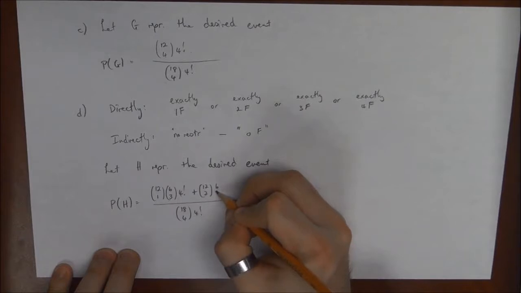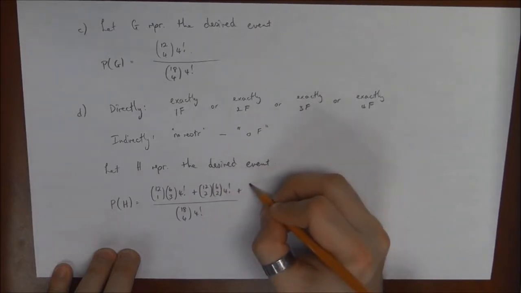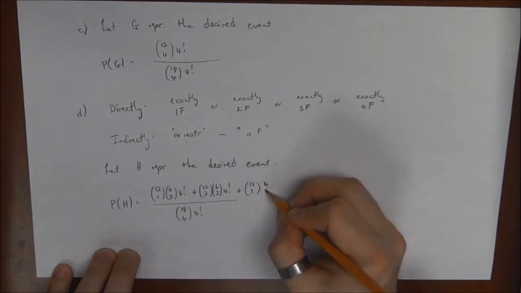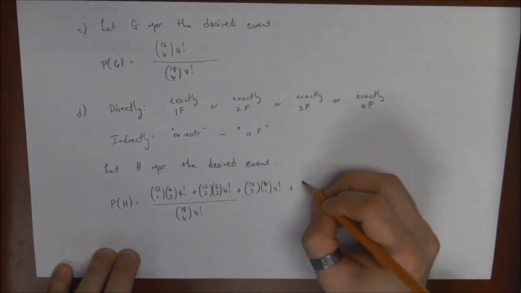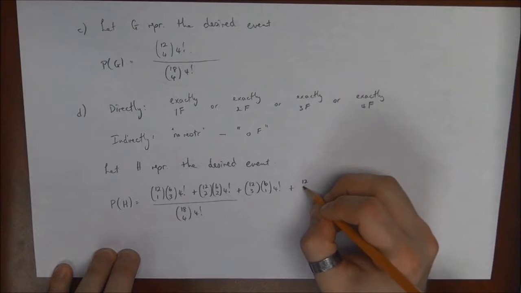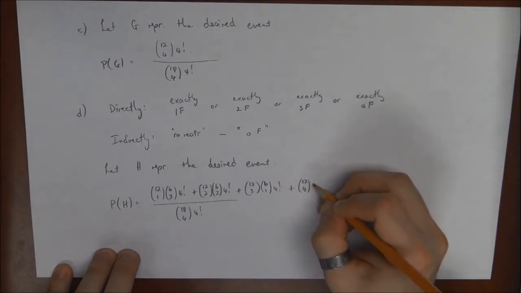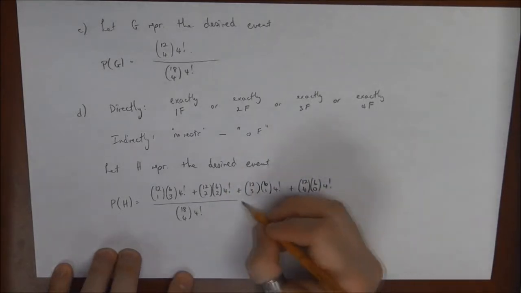Out of the 6, select 2 and arrange. Or 3 fiction, so out of the 12, select 3. Out of the 6 non-fiction, select 1 and arrange. Or all 4 fiction, out of the 12, select all 4 fiction. And you can say here, out of the 6 non-fiction, select 0 for consistency's sake, and arrange.